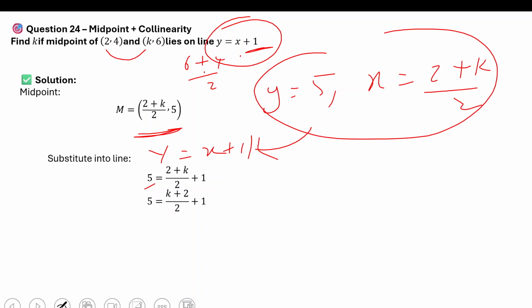That gives us 5 is equal to 2 plus k over 2, plus 1. All right, so I can make k the subject of the formula. If I simplify, I get k as 6.